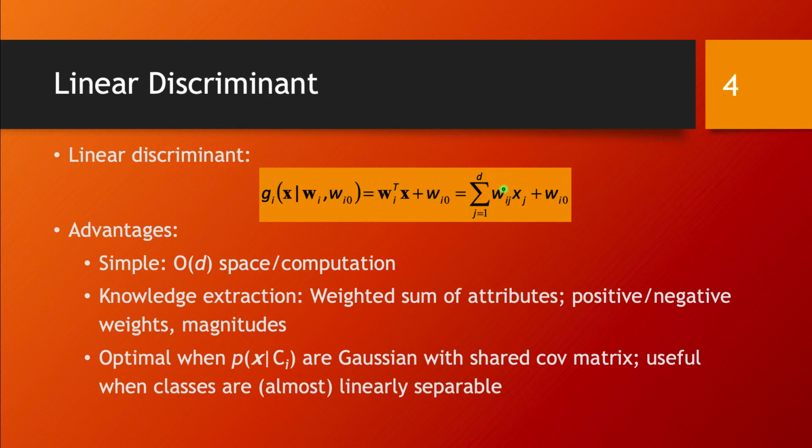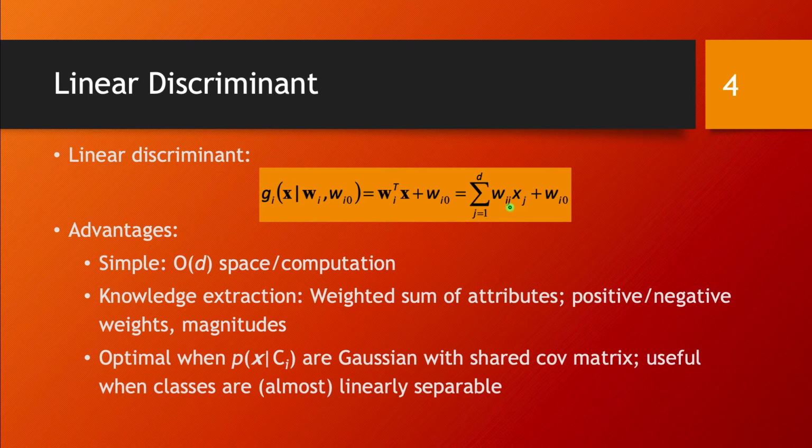You can think about what it means if a weight is positive or negative: there is a direct correlation between that feature and the membership in that particular class, or on the contrary, there is a downward correlation between that feature and the membership in that class. You can also interpret to some extent the magnitude. Some of these features will have a bigger contribution to membership in that class than other features, depending on how large this weight is.